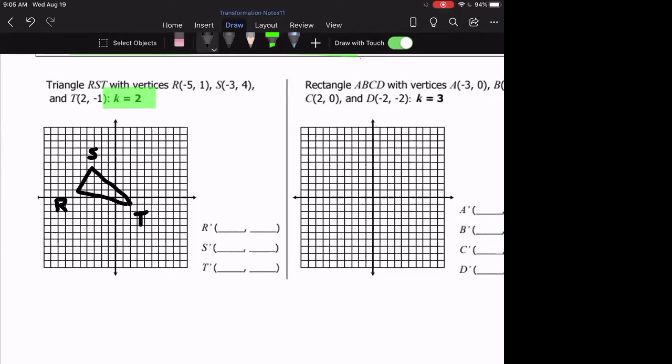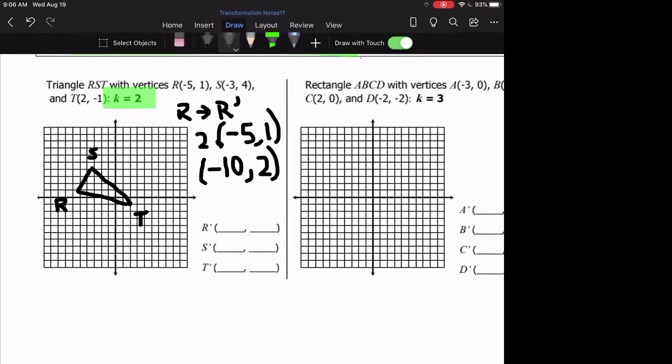For R to R prime, I'm going to do 2 times the point -5, 1. So I will have 2 times -5, which is -10, comma 1 times 2, which is 2. So that's going to be my point for R prime, -10, 2.